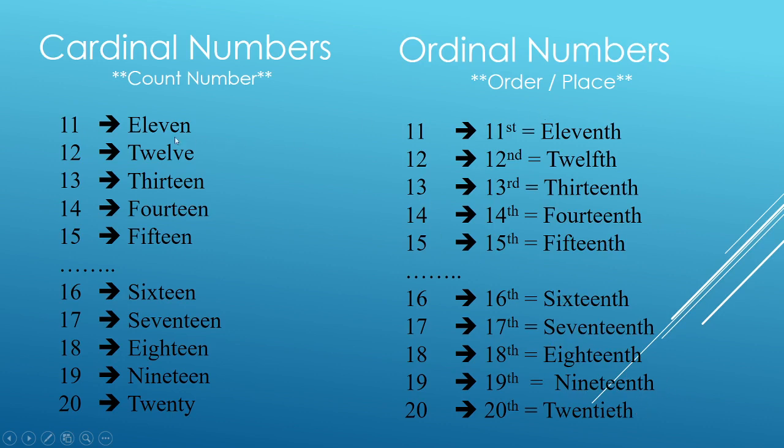If you look at these, 11, for order or place, we add a TH to it. 12, we just add a TH to it. And for pronunciation, the TH, we just add an F sound to it, an F or a fa-fi sound.